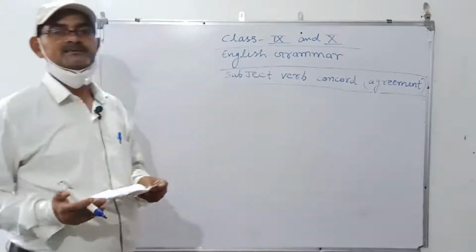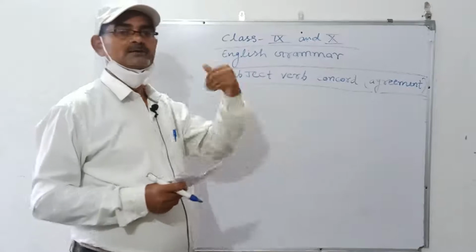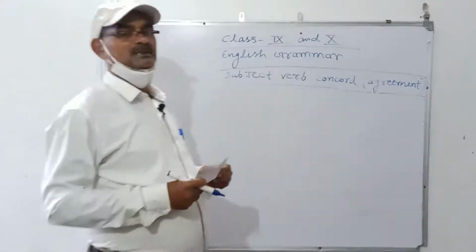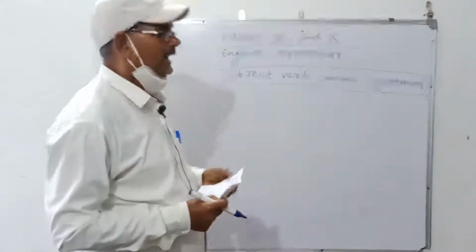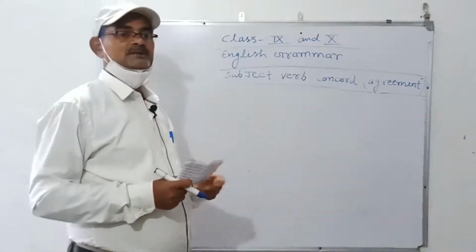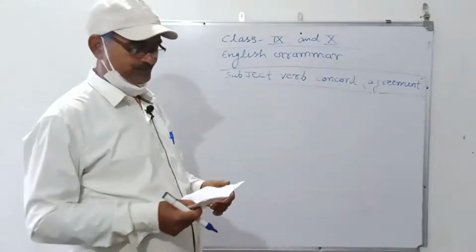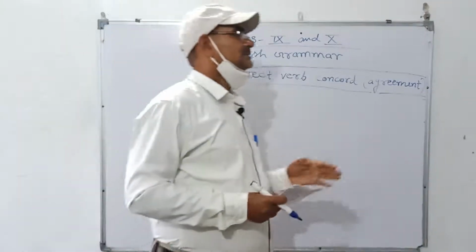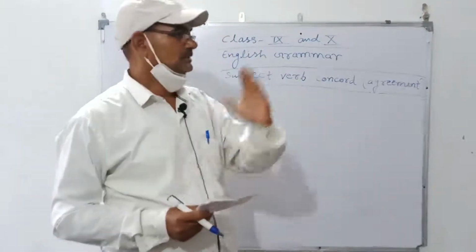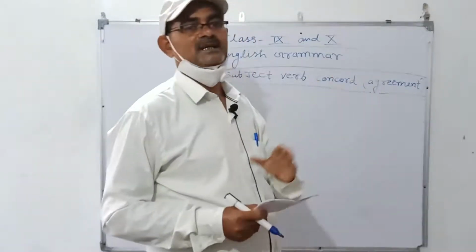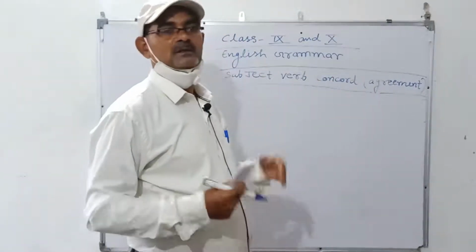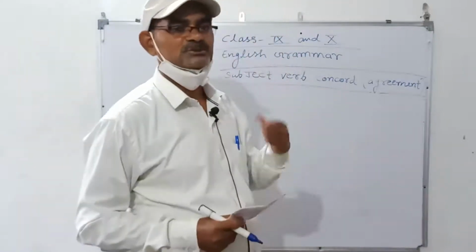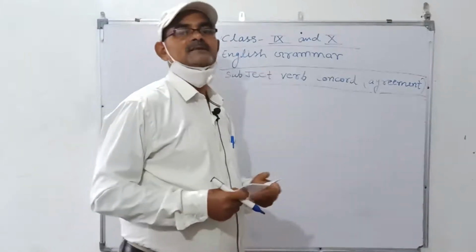As you have already learned in earlier classes, a singular subject agrees with a singular verb and a plural subject agrees with a plural verb. Similarly, in these rules we have to learn many exceptions and other things to make our English complete and perfect for speaking, reading and writing also.